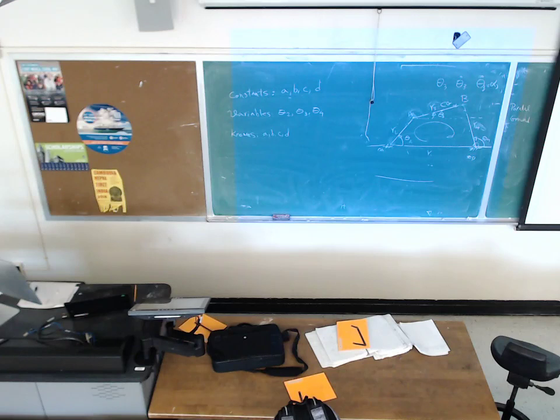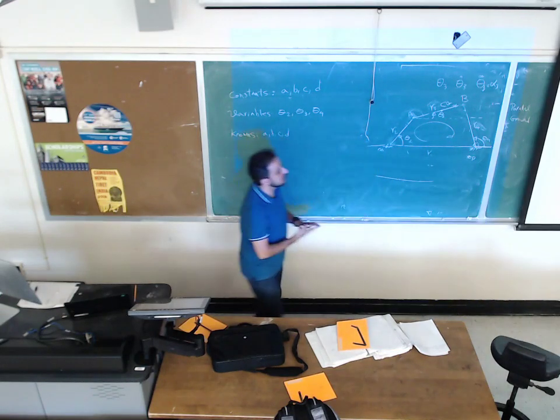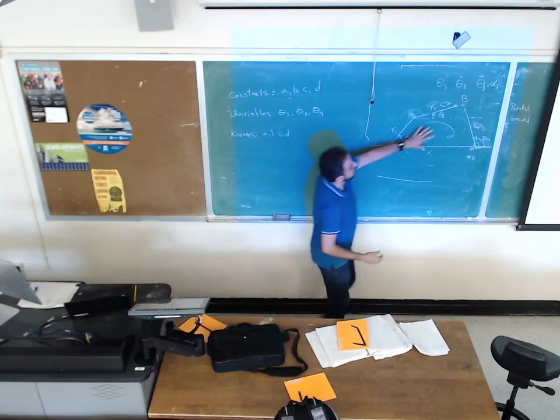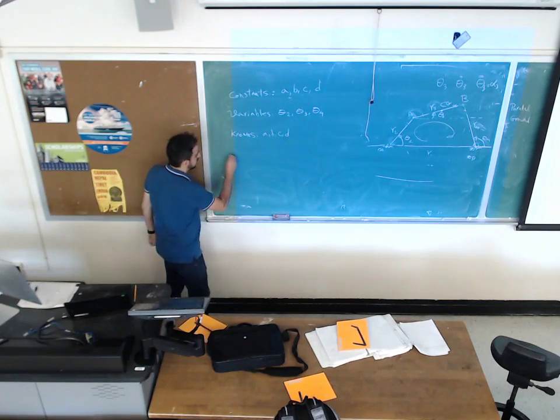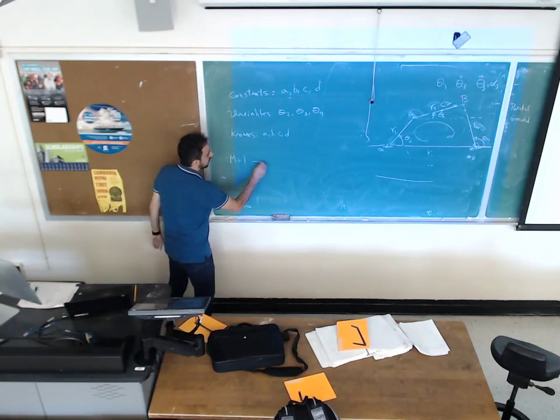So M would be 3 times 4 minus 1 minus 2 times 4. 4 minus 1, 3. 3 times 3, 9. 9 minus 8, 1. Degree of freedom is 1, meaning that you only need one variable to be able to locate all points in the mechanism. Degree of freedom is 1.